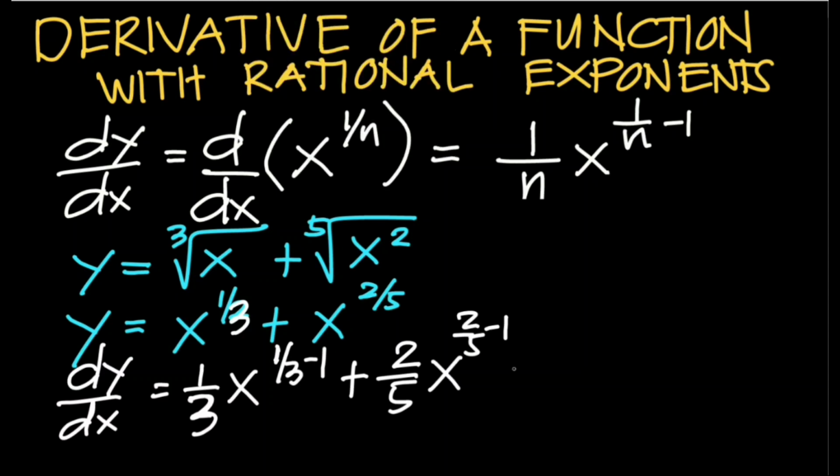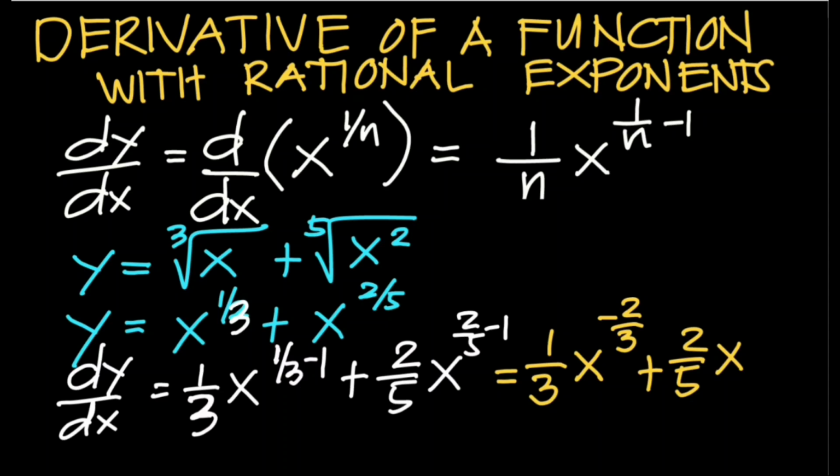And this is just 1/3 x to the 1/3 minus 1. 1/3 minus 1: 3 divided by 1 is 3 times negative 1 is negative 3, so this is negative 2/3, plus 2/5 times x to the 2/5 minus 1, 5 times 1, negative 5. So this is negative 3/5.